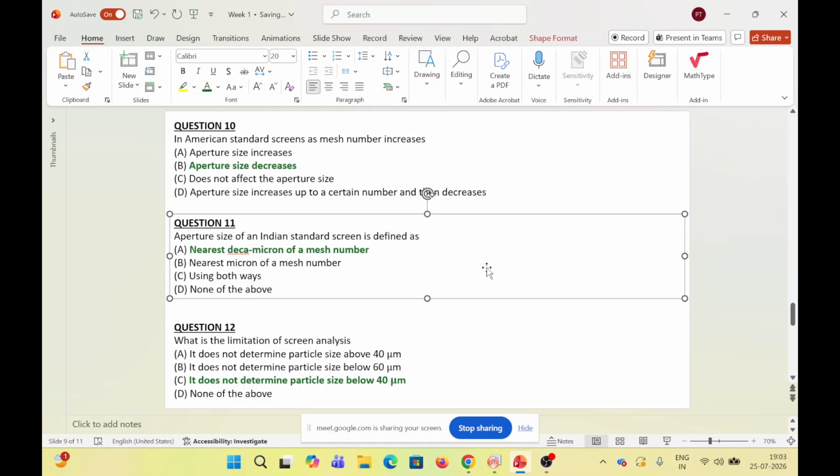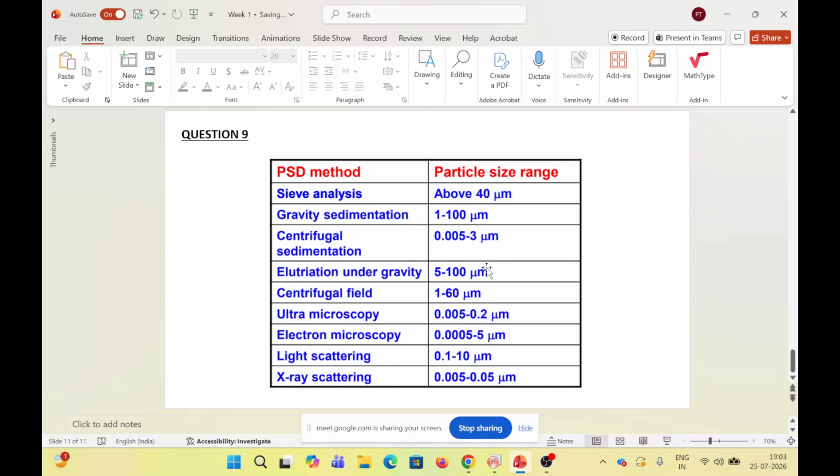If you have particles which are in finer categories, in terms of the size, then you need to go for other techniques like elutriation, gravity sedimentation, centrifugal field, ultramicroscopy, light scattering, X-ray scattering, electron microscopy. I can see with this table itself, we approximately had 2 questions. So you can see it is an important one.